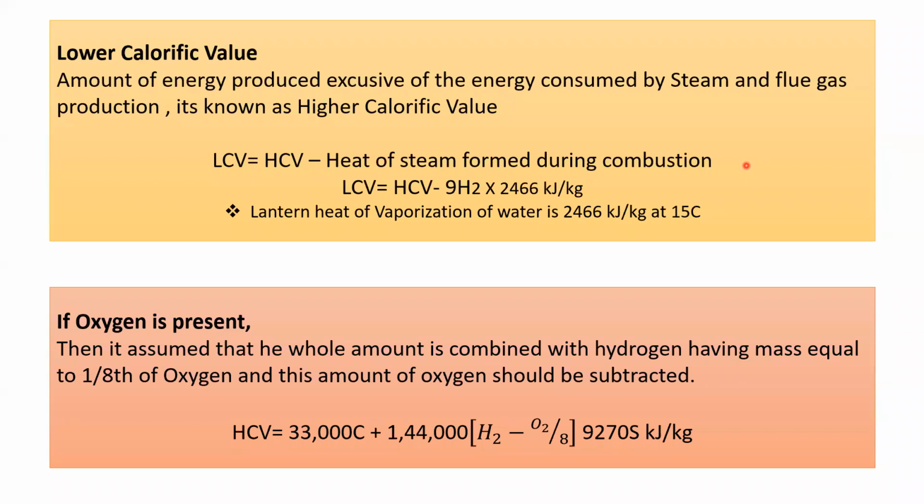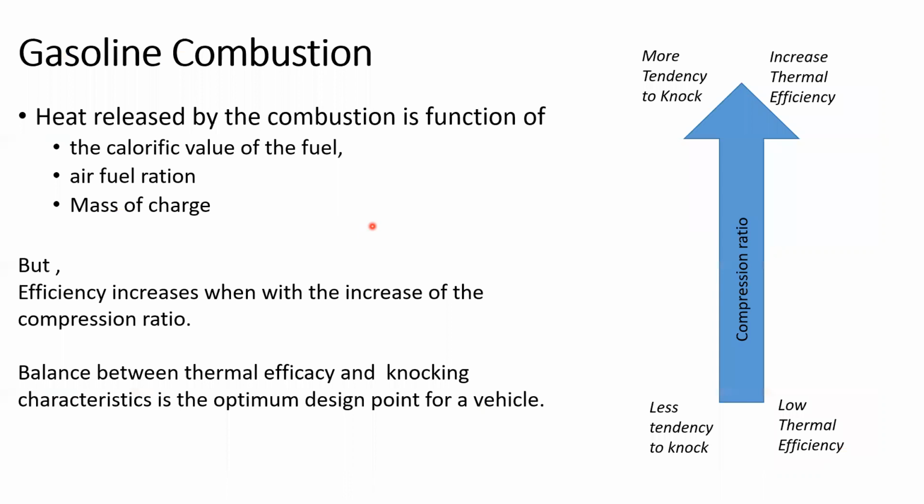So to find the lower calorific value from the higher calorific value, you just have to multiply the hydrogen value by 2466 kilojoule per kilogram. That's the latent heat of vaporization of water, because in order to generate steam from water, you need this much energy. I hope you guys can understand.